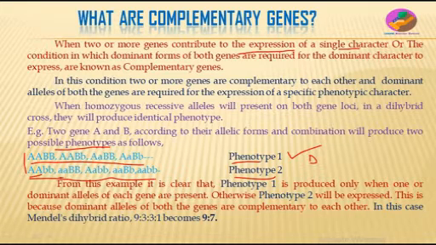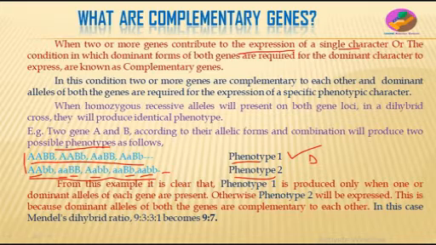If there are two small a and two capital B, the phenotype will be the same, and it is different from phenotype 1. Here you can see only one capital A, here only one capital B, and the phenotype will be identical. And there is an extreme case where both alleles of both genes are recessive. There is no dominant allele present here. In this case also, the offspring will express phenotype 2.